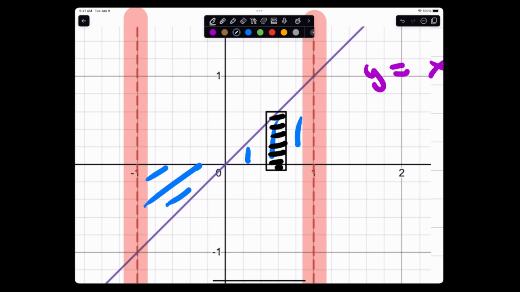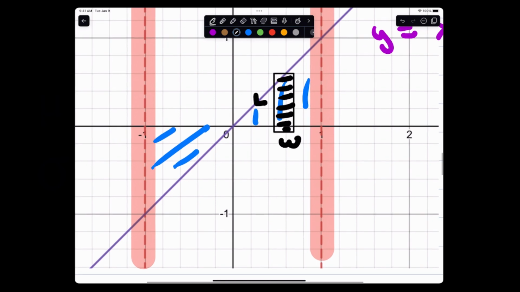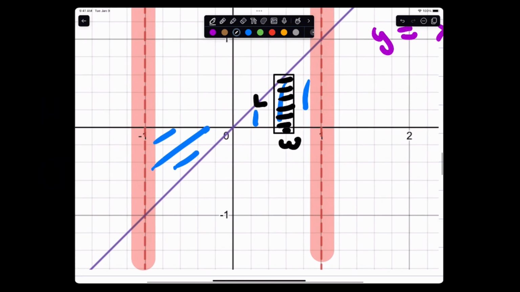Does anybody happen to know why? Because you had the length and the width. That was the delta x. Remember that? And how did you get the length? The length was really that height. It was f of maybe x asterisk, that special point, which is really a y value.